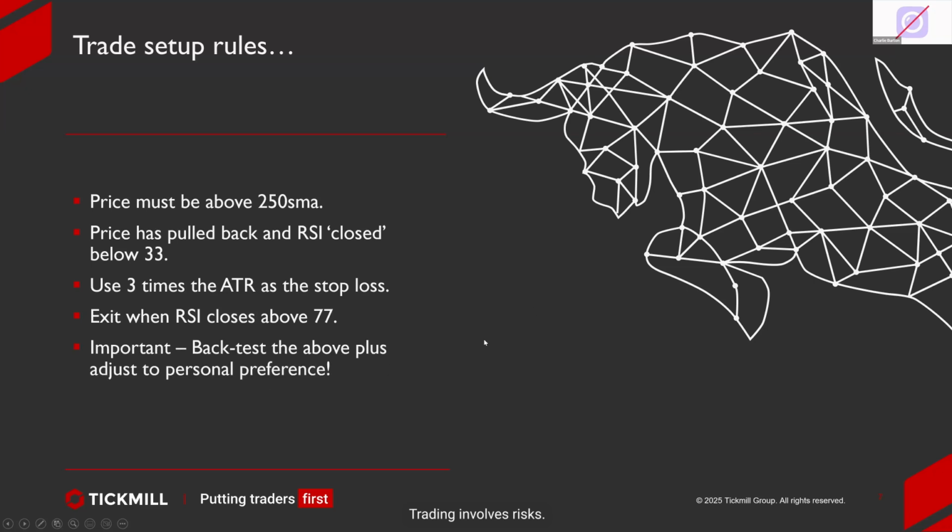So as I've said, please do back test this, because I can give you all of these rules, but it's so important that people go and back test themselves, because when you back test something, it gives you the confidence in the strategy rather than me dishing out loads of numbers to you and you're thinking, oh, I'm just going to go and trade the pattern.